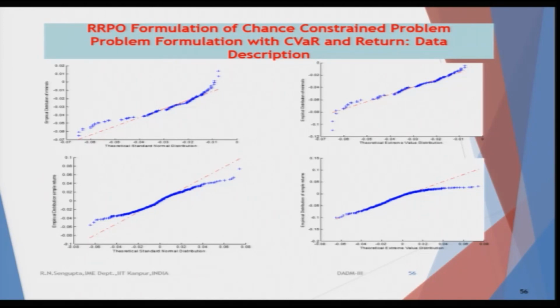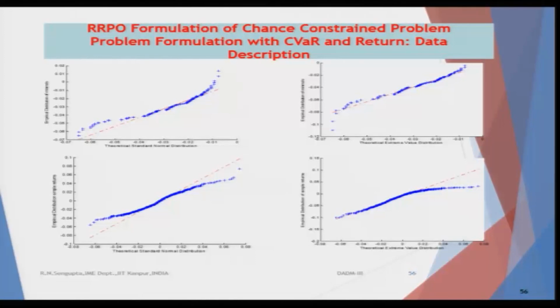These are the theoretical extreme value distributions considering the QQ plots, an important factor we also considered in DADM 1, where the theoretical standard normal distribution is compared with the empirical distribution of the minima, similarly for the maxima, the minimum being for the negative returns and the maximum for the positive returns.